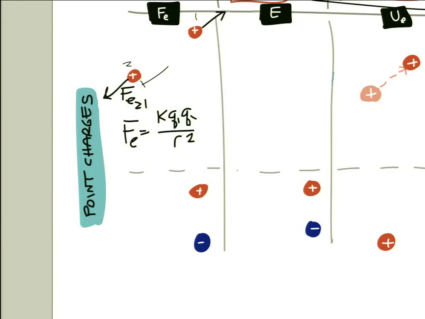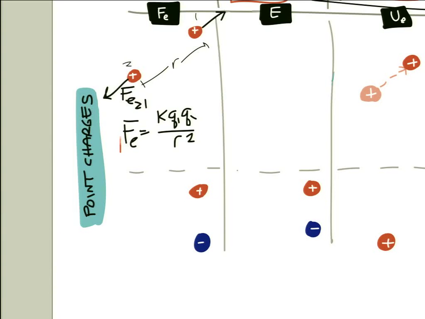If you have an object, let's say a ball that's charged, you can consider all of its charge as being concentrated at its center when you use this equation. So it's the distance between the centers of the two objects.